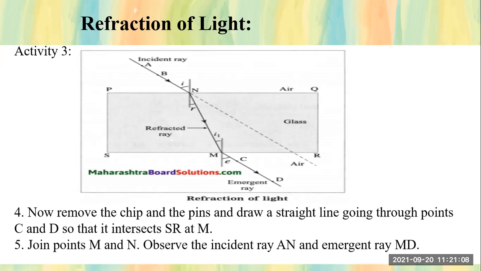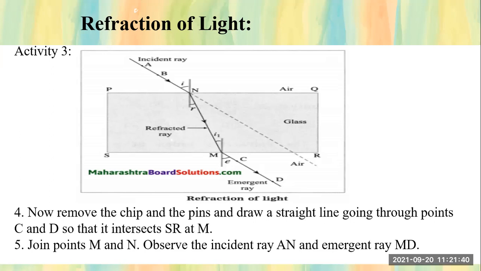And in both situations, the changes are equal and opposite. As it is equal and opposite, only then I1 is equal to R and I is equal to E. And then only the incident ray is parallel to the emergent ray. This is what this activity wants to explain to us.